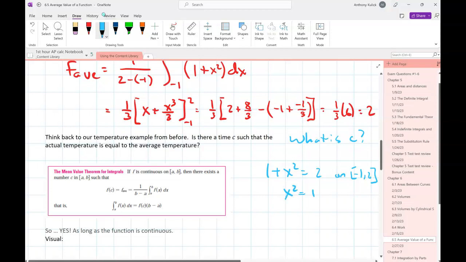So subtract 1 from both sides, square root both sides, we have plus or minus 1. And both of those would be okay, right? Because both of those are in [-1, 2]. So in that case, the C would be -1 or +1.